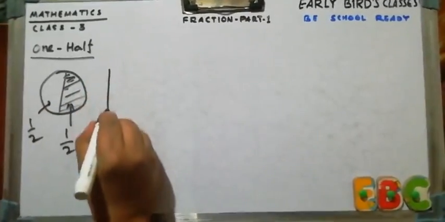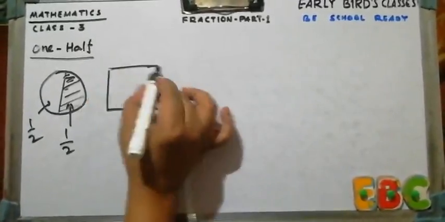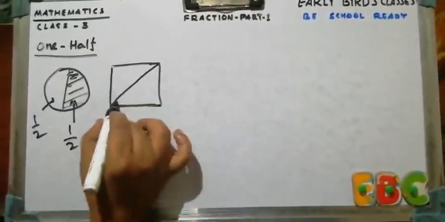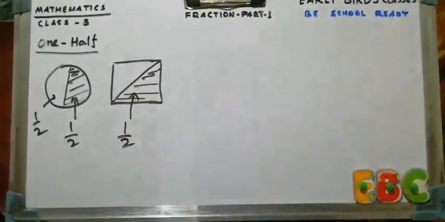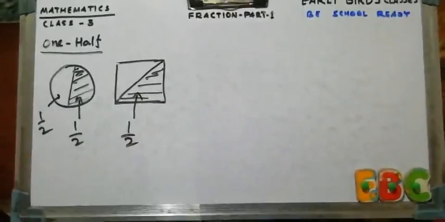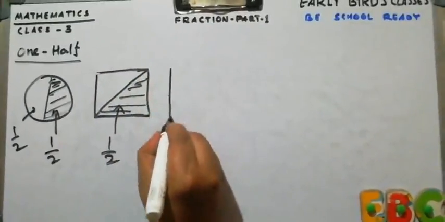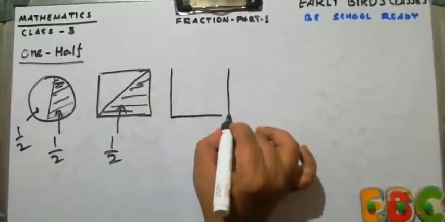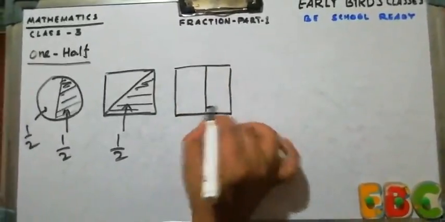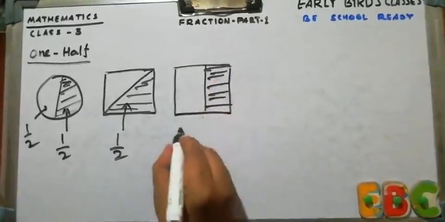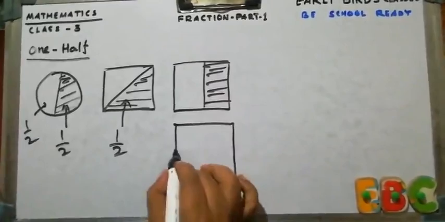Similarly, if this is a square and this is divided into 2 parts, so in this case this is 1/2, right? This can be divided any way, like this, maybe like this.